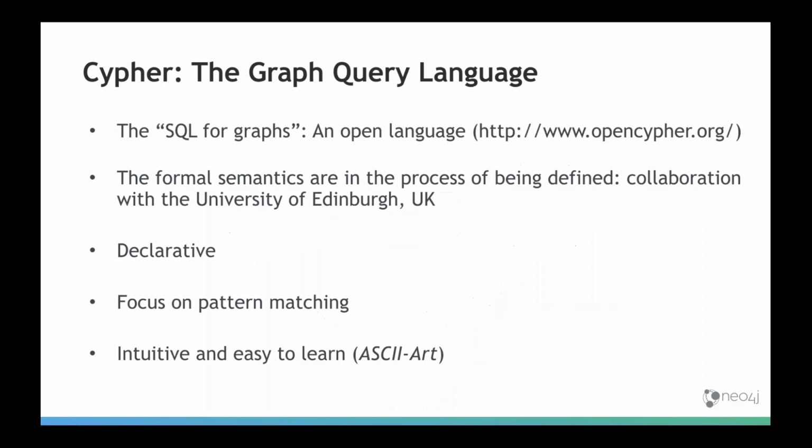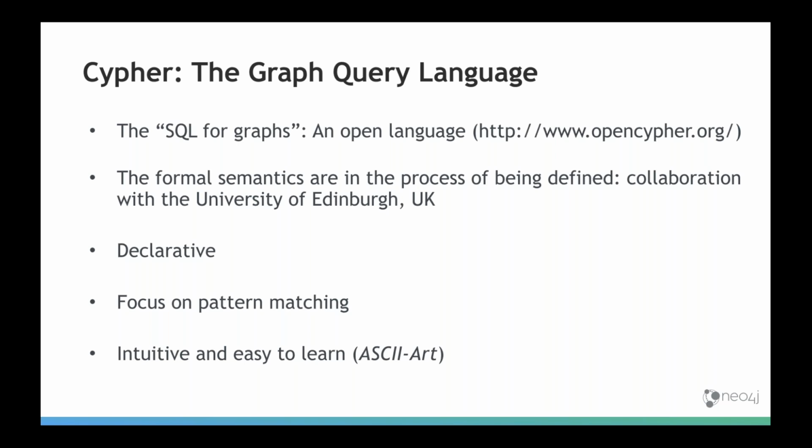And that leads me into Cypher. Cypher is the graph query language. It's the SQL for graphs, if you like. Cypher was invented by Neo4j, but it has been opened up and is now managed collaboratively. Anyone can join the project, and all the details are available at opencypher.org.